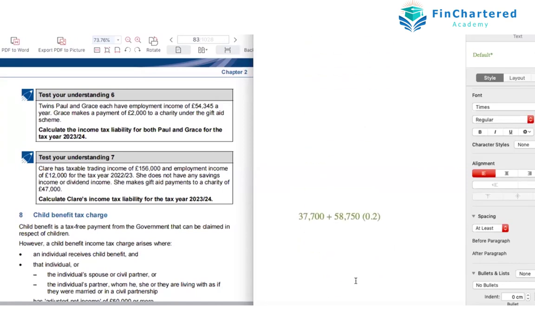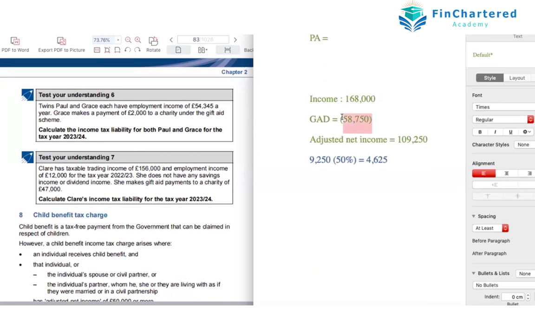Again, you need to calculate. How will you calculate her gifted donation? She's made a donation of 47,000 into 100 divided by 80, which will be the amount by which she will get a relief. This amount of 58,750 has to be deducted from your income to get your adjusted net income of 109,250, after which it is as usual.